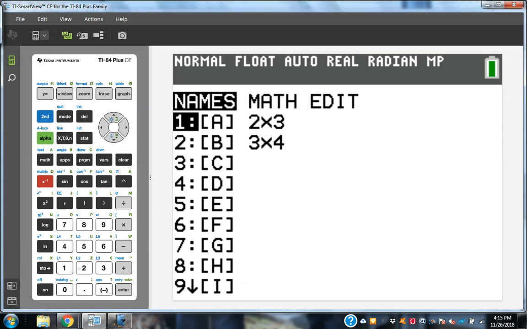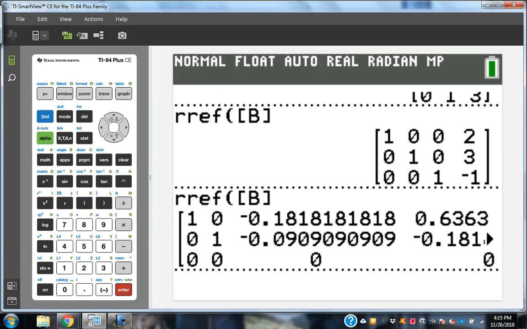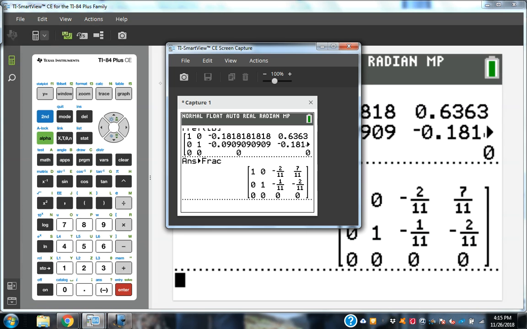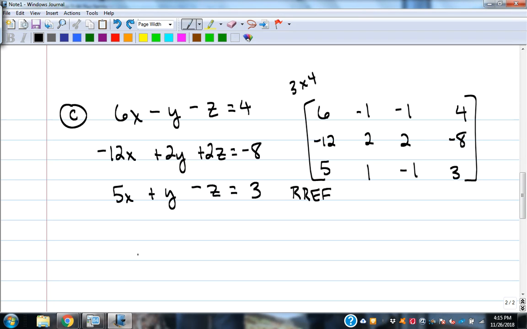Second matrix, and then pick the one you put it in. This one's a little different because you've got decimals in there. If you get decimals and you need fractions, you hit math, enter, and it'll convert those to fractions. What we've got here though is a matrix that's got a bottom row of all zeros.